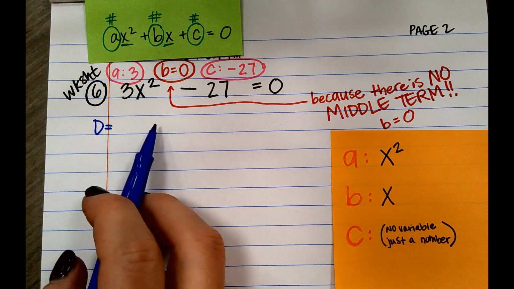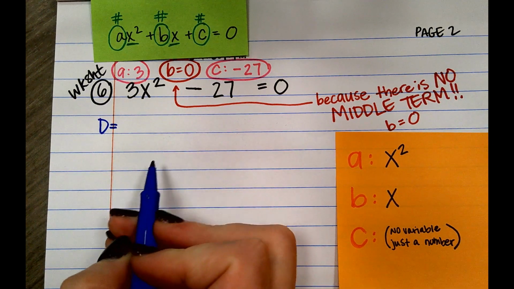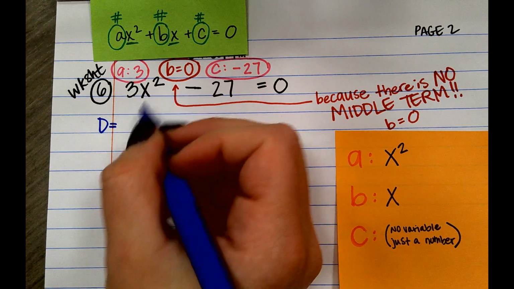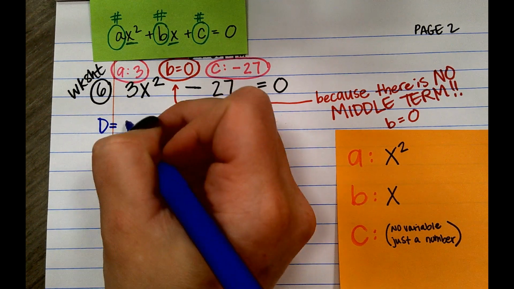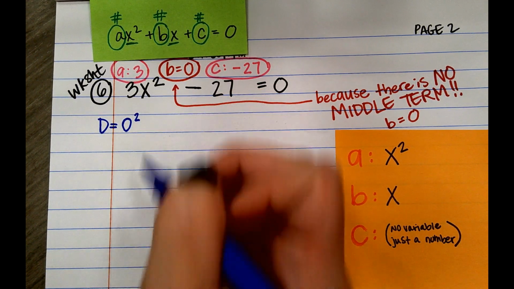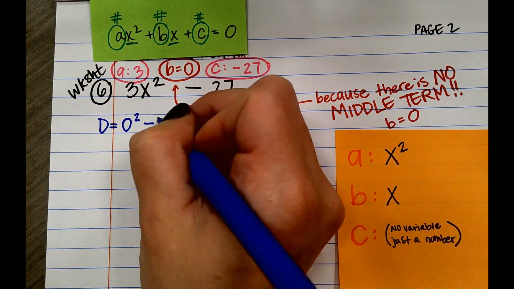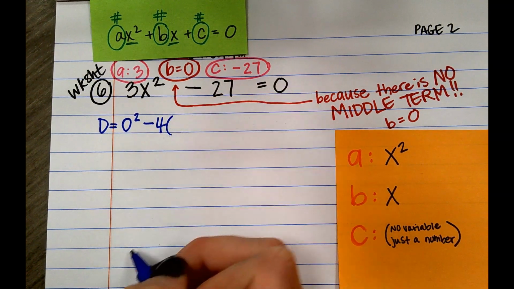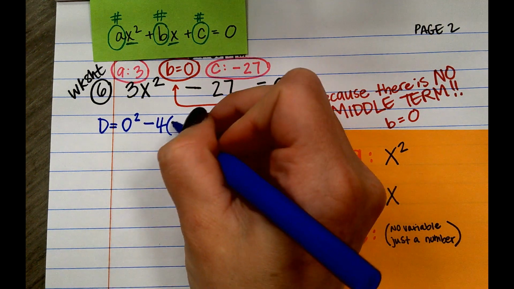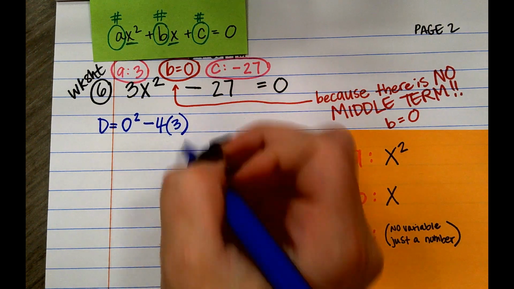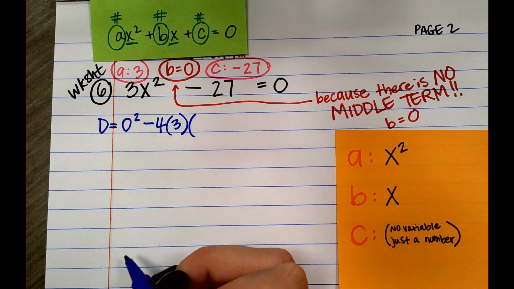So D equals what? 0. Yep. B squared, B is 0. So 0 squared minus 4 times 3, which is A, times negative 27.